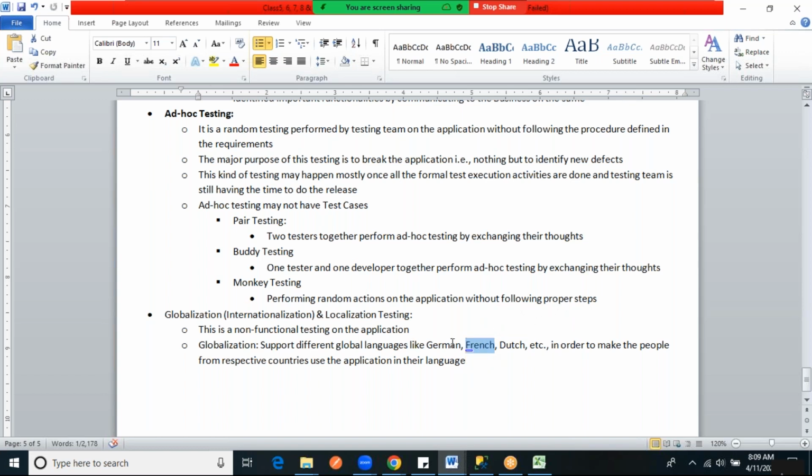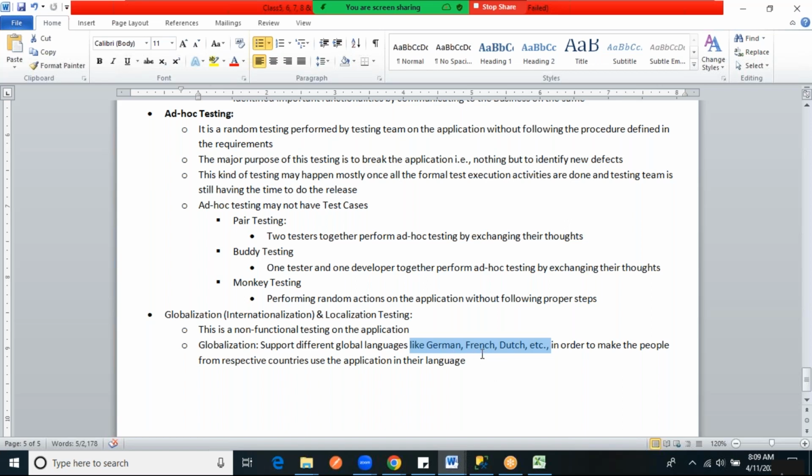So when you are targeting those countries for your business, like currently my application is there, our business is mainly in European countries, but most of the European countries speak French and Dutch. They don't know English.